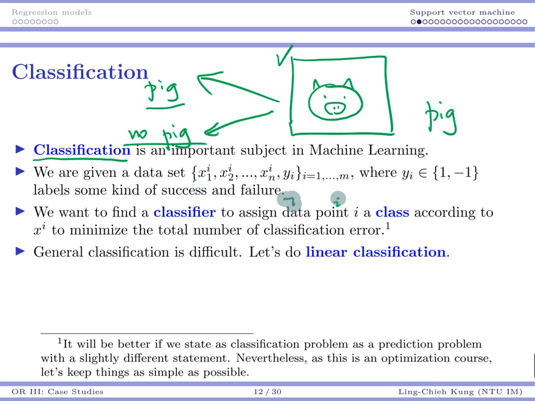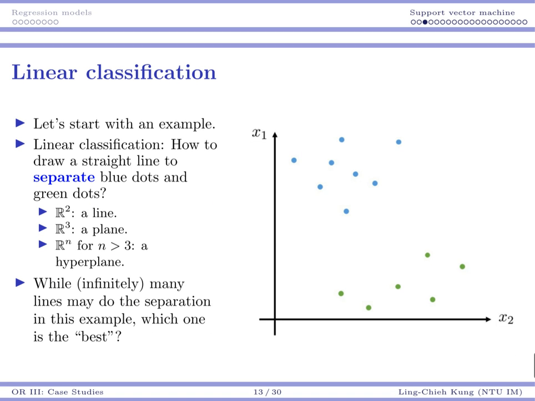Okay, so general classification can be, I shouldn't say difficult, it has a lot of possibilities. So let's do simple. Let's do linear classification. Okay, so what do we mean by linear classification? Let's start with an example here. Suppose you only have two features for each data point, and here blue means 1, green means -1, or the other way, as you like.